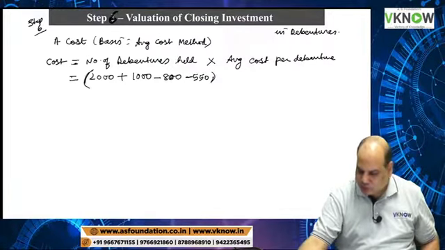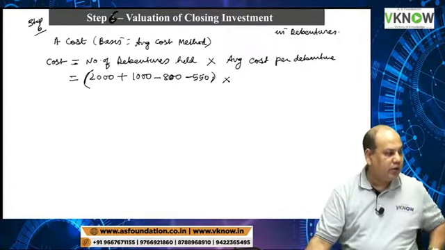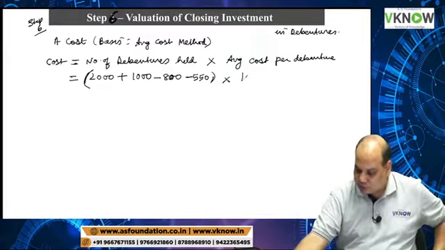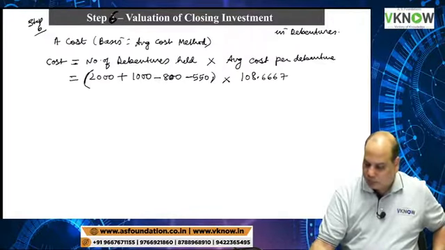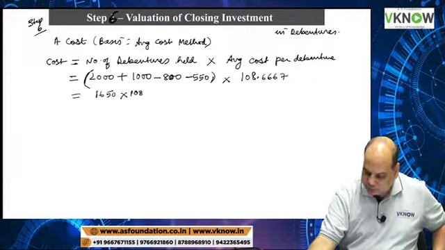So remaining amount is investment held. And then the cost is 108.6667. So when you multiply, you'll get 1650 into 108.6667.